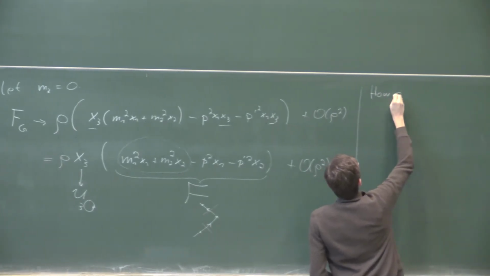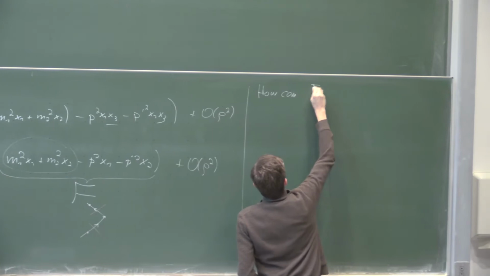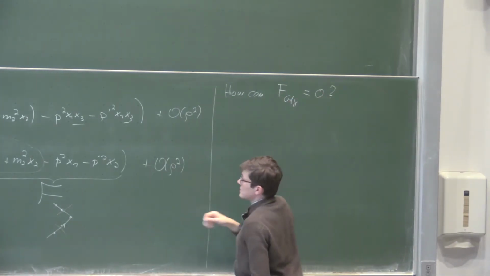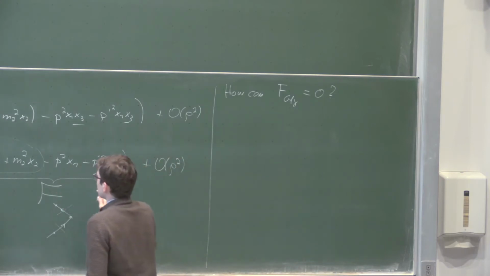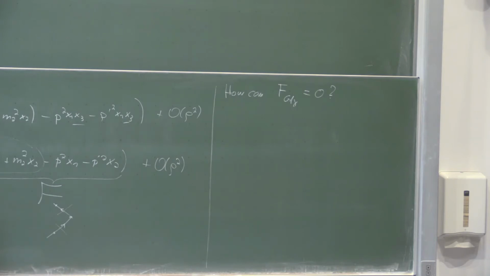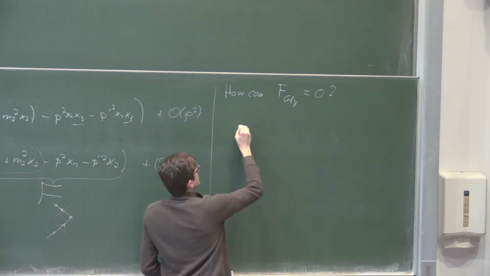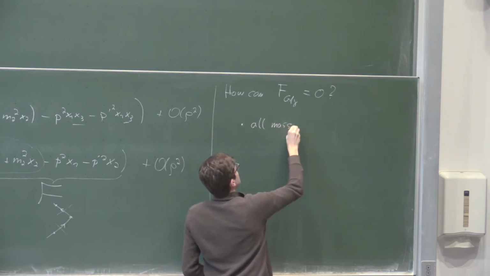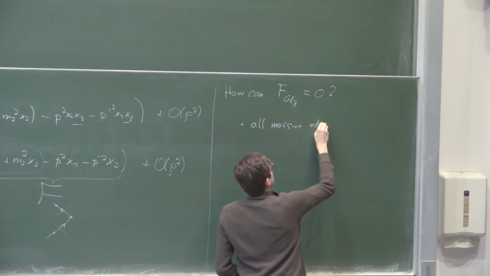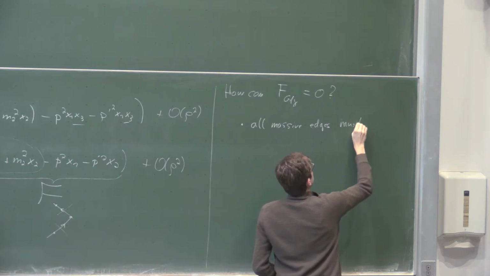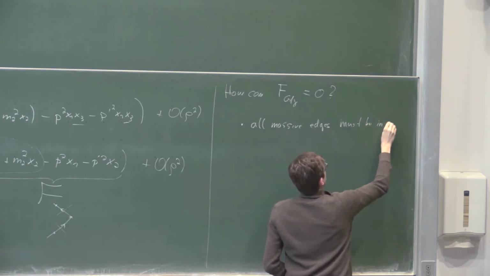How can it happen that f of the quotient graph is 0? Right, so this is the situation here. The quotient graph itself doesn't have an f. The f vanishes. In order for this to vanish, we must have all massive edges in little gamma.